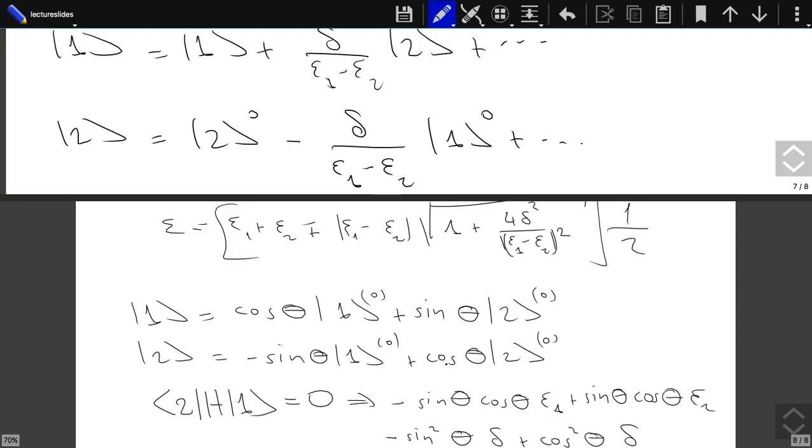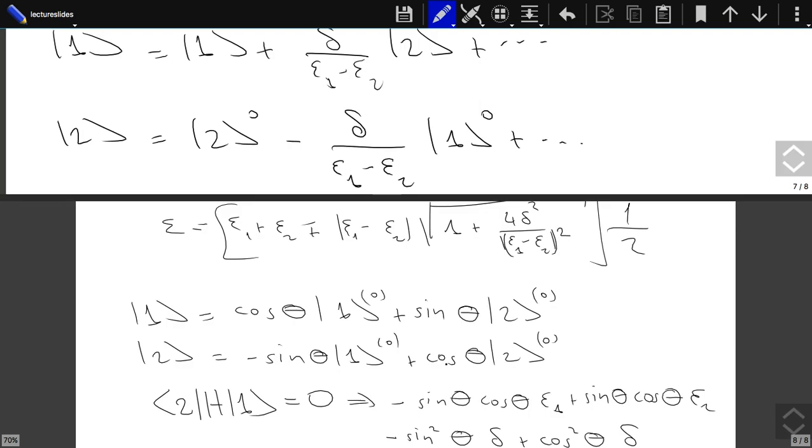Well, there is one thing though. In our perturbative expansion, we made an assumption that the zeroth order term has zero overlap with the higher order terms, with the corrections. That's the condition we imposed. So that means all the corrections to the first state will be proportional to the second unperturbed state.